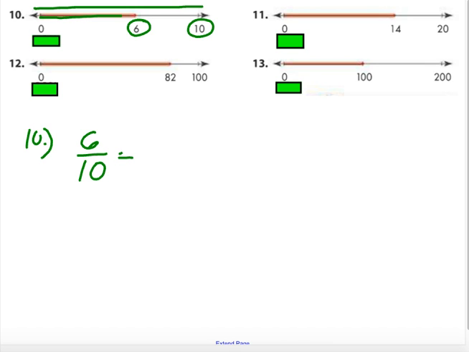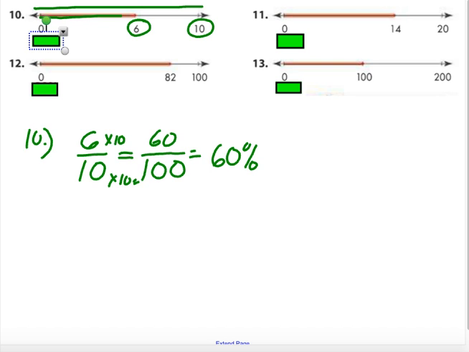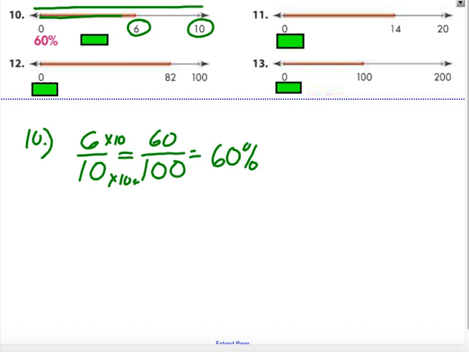And again, you can simply say, all right, I need to create an equivalent ratio with a 100 as its second term. So 10 times 10 is 100. 6 times 10 is 60. So we have 60 hundredths would be 60%. So our answer for number 10 is 60%.